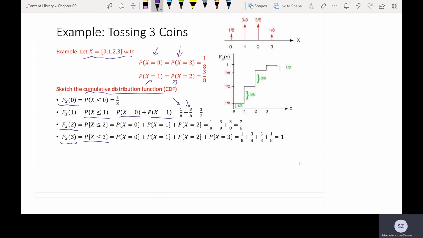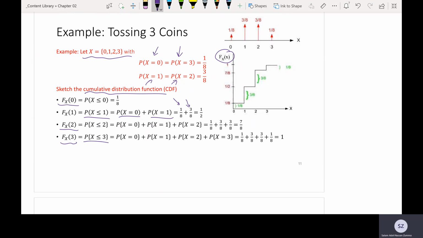So what we are sketching here is F_X of x versus x. And here F_X is a function of the dummy value x.